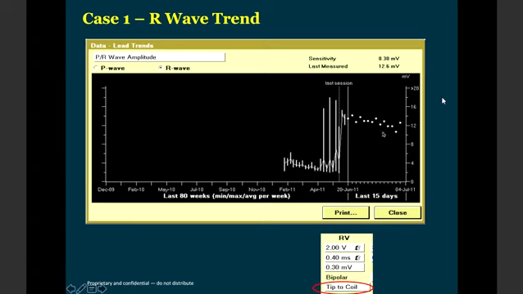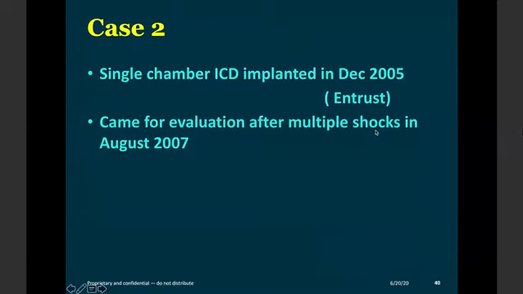By improving the sensing amplitude to 12 millivolts, you are now very comfortable. However low the ventricular EGM becomes during a ventricular arrhythmia, it will still be within the safety margin of ventricular sensing. So this is an example of changing the sensing polarity to our advantage to improve the sensing amplitude from a low value to a very desirable value.